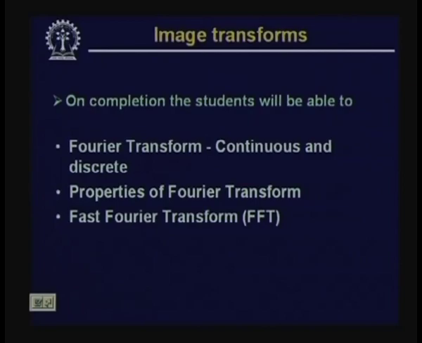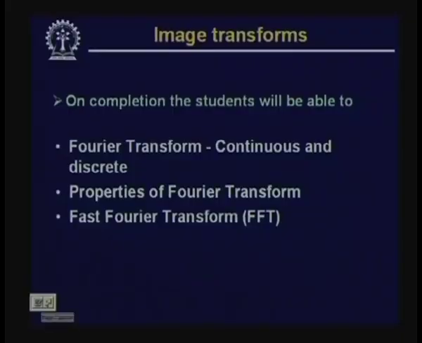Now, we discussed the Fourier transformation in brief when we discussed the sampling theorem. Given an analog or continuous image, the first step of discretization is sampling the analog image.